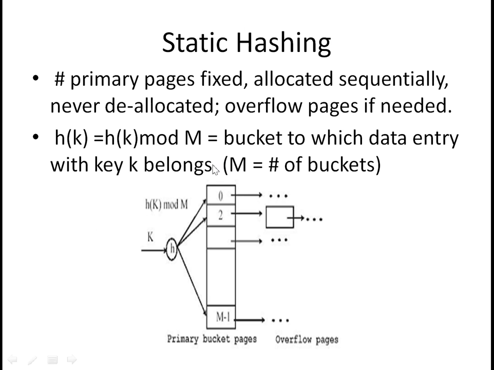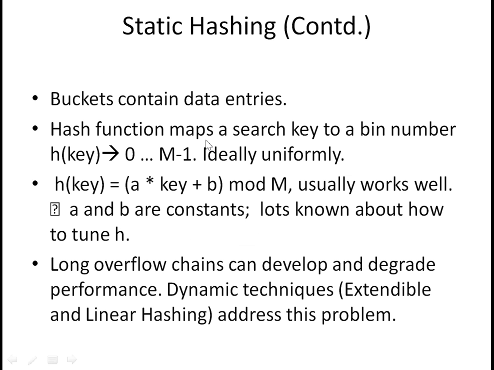When you apply your hash function, you will get a result, and that will be your bucket number. M is the number of buckets that you have. If you have 4 buckets, then you say h of k mod 4. If you have 8 buckets, you say h of k mod 8. We'll see an example also.